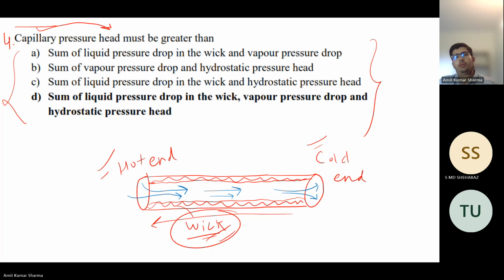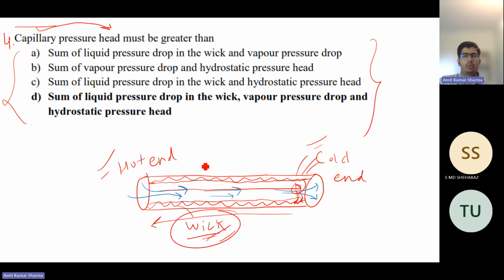So basically, the wick is transporting the liquid droplets from the cold end to the hot end. At the hot end, the liquid again converts to vapor, and the vapor travels to the cold end. Then this vapor at high temperature will release its heat and again become liquid.